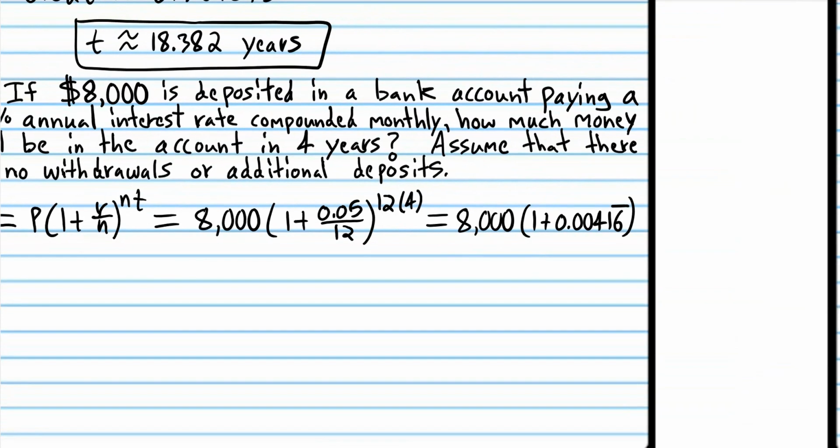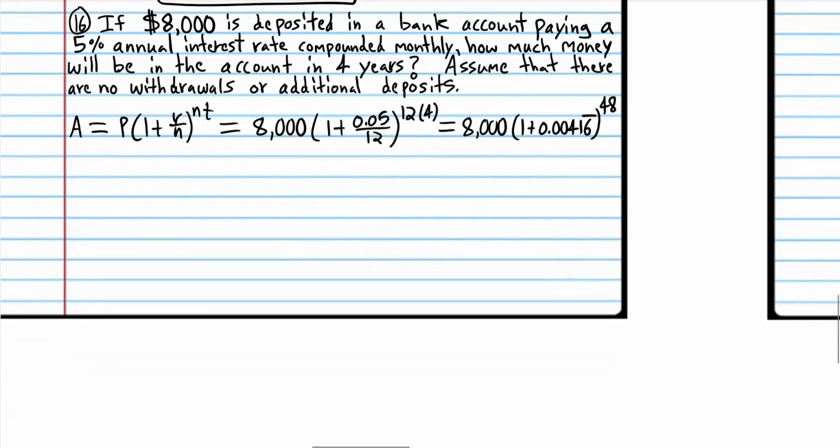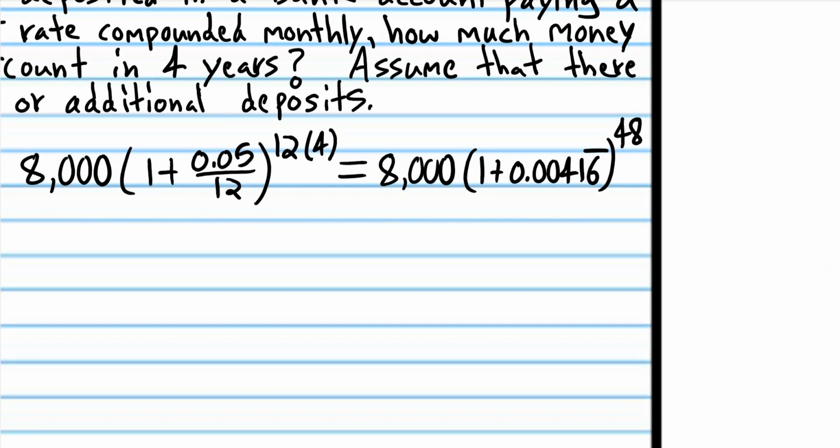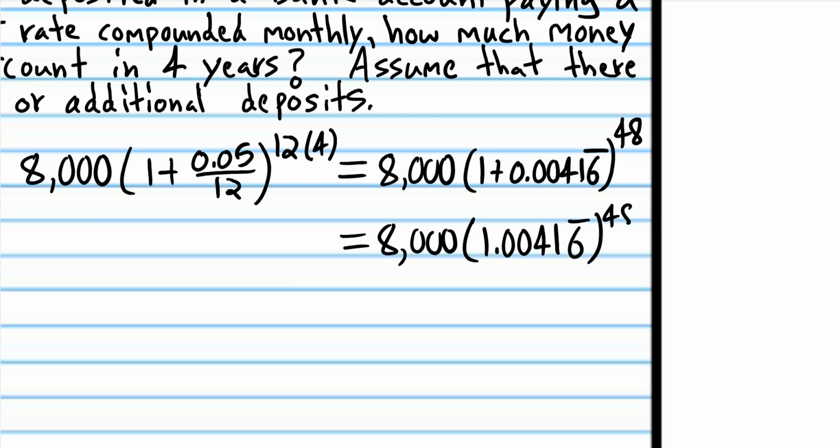Then 12 times 4 is 48. And then we're going to add 1 in the base there. So we have 8,000 times 1.00416 bar to the 48th power.